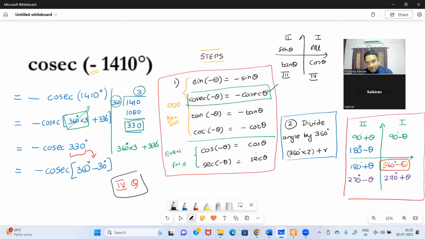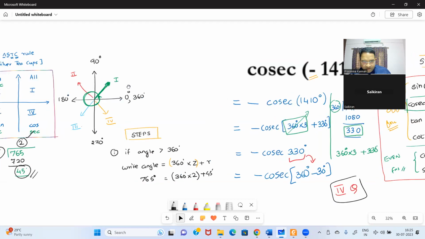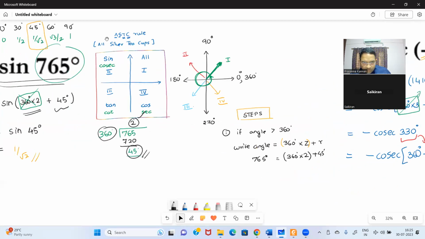Cos. We did this, right? So all are positive in the first. Sine and cosecant are positive in the second quadrant. Tan and cot in the third quadrant. Cos and secant in the fourth. Clear? Okay, so in the fourth quadrant, what will be positive?